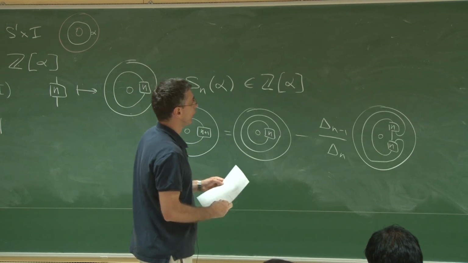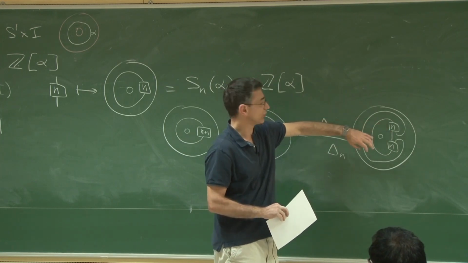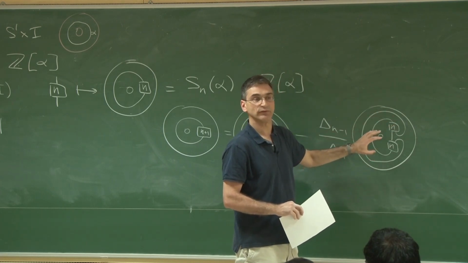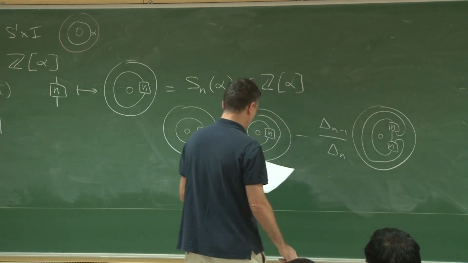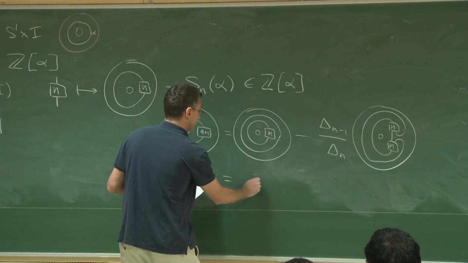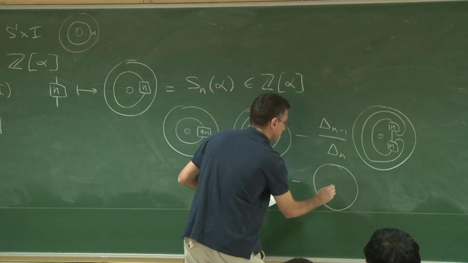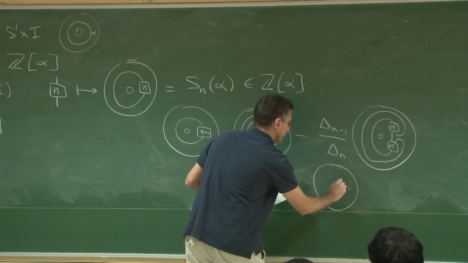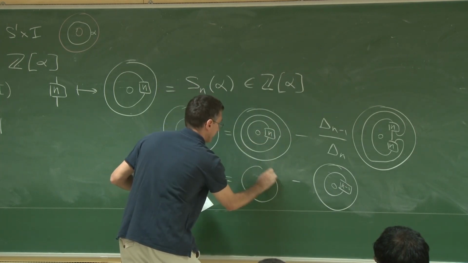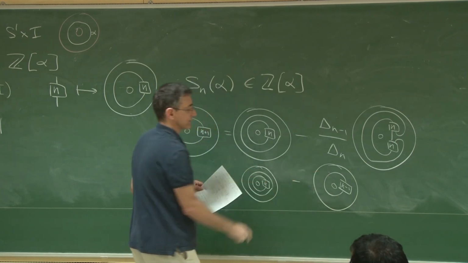And now, over here is where you can do some manipulation. Here is where you can use properties of the idempotent, isotopy, moving stuff around. And what you get is that this is equal to this guy minus this guy. It's equal to this fellow minus that fellow.